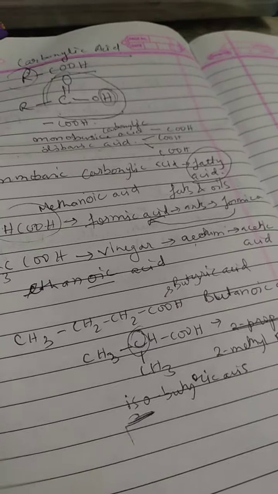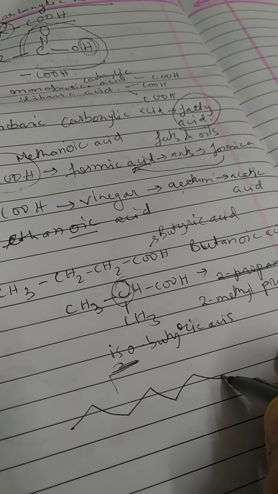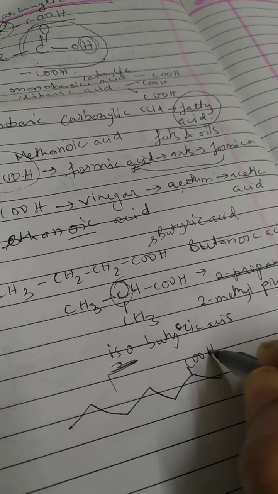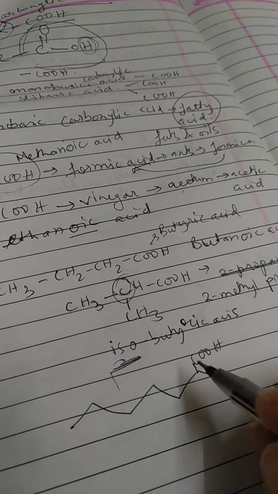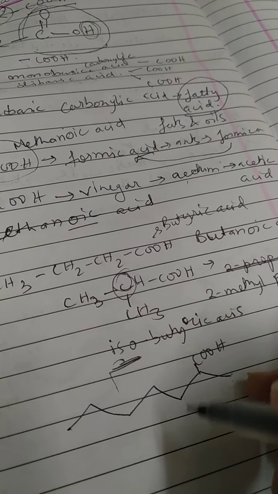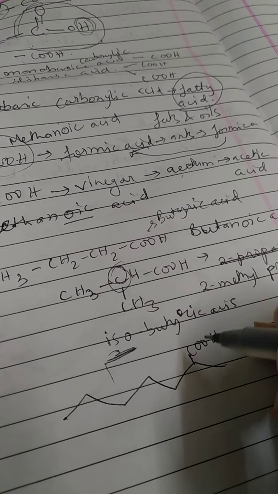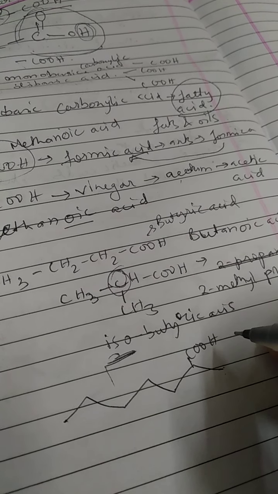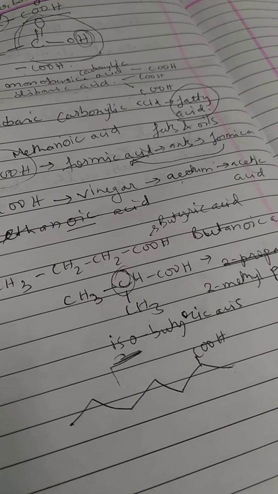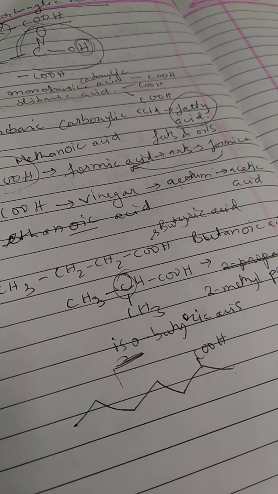So we have to understand how it is named. Suppose this one is given, how do we name it? We have to number the longest carbon chain, and we have to give the carboxylic acid carbon number 1, and accordingly we give the IUPAC nomenclature.